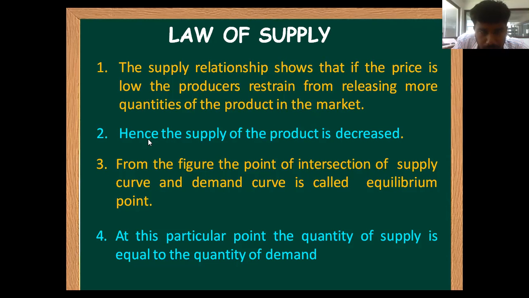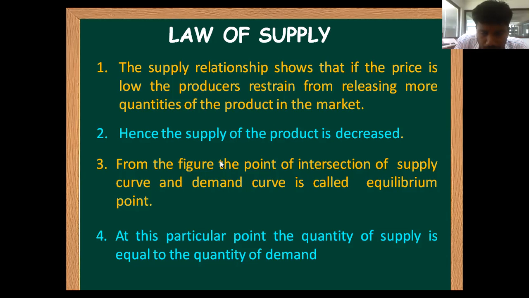Hence by this, the supply of the product is going to decrease, because the producers are going to hold on to their products within their custody, so the supply is going to decrease.